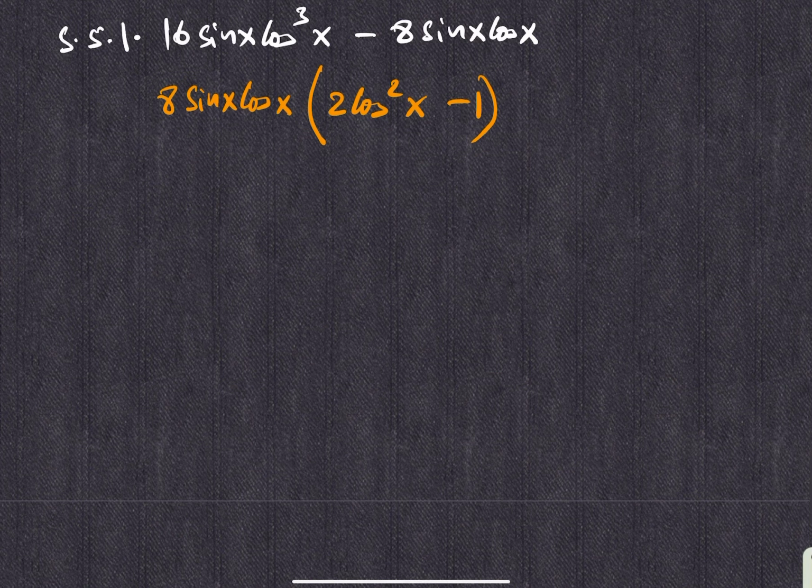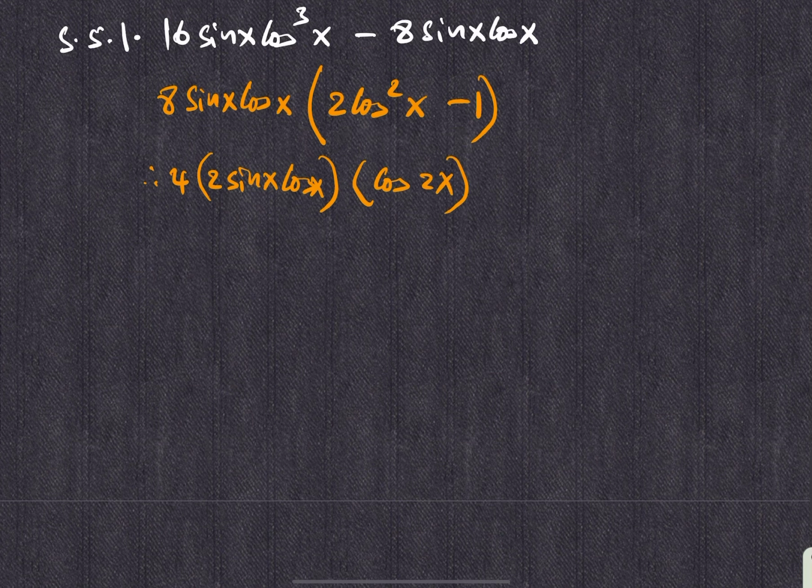And what is this situation? That is primarily the same as saying that this is 4 into 2 sine x cos x, into this one is primarily going to be a cos of 2x in there. That should be 4 into, what is that now?